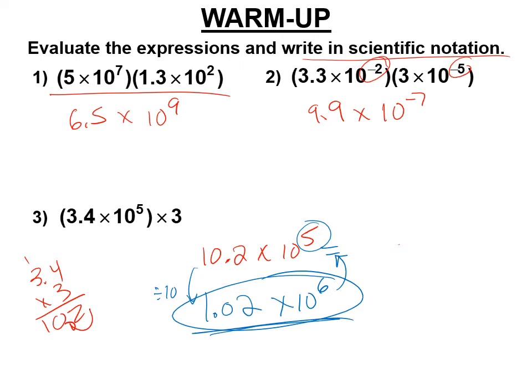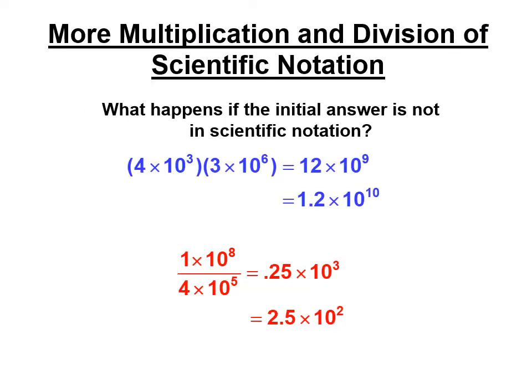And that's the part you just saw we're going to add today, right? So if you get 12 times 10 to the 9th, that's the same as 1.2 times 10 to the 10th. If you make this one smaller, this one has to get bigger to compensate, to balance it out.